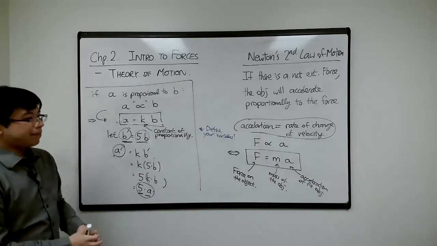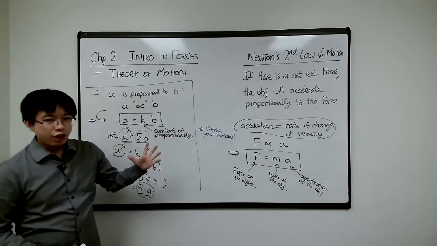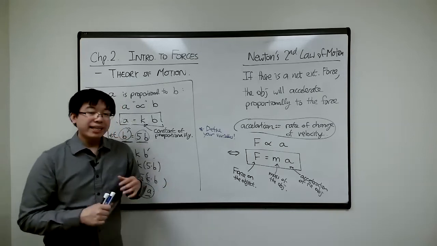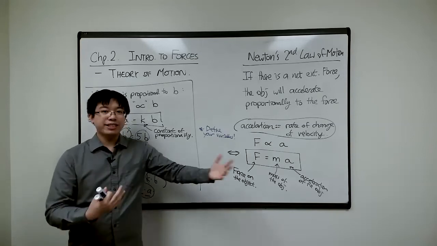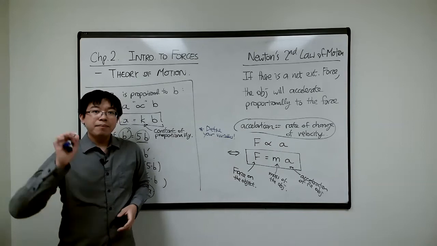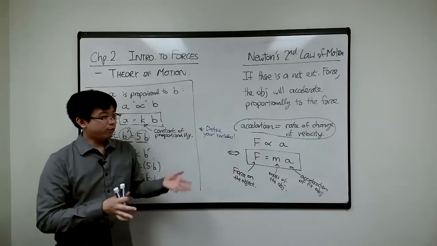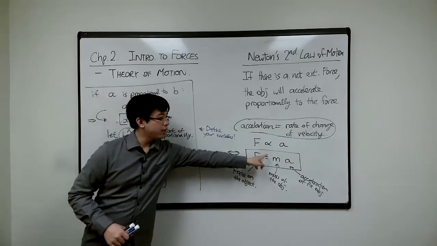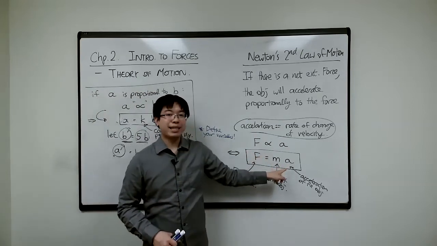Let me summarize what that means. With the first law, we learned that if you don't apply a force on something, it will either stay at rest or continue moving at a constant speed. But if you do apply a force, it will accelerate it.